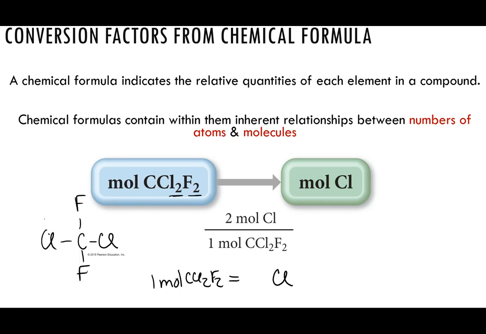Well, let's count them. 1, 2. So I see 2 atoms of chlorine. We could do the same thing for carbon. So for every one molecule of this, how many carbons do you see? Just 1. And for every one molecule of this, how many fluorines do you see? 2.